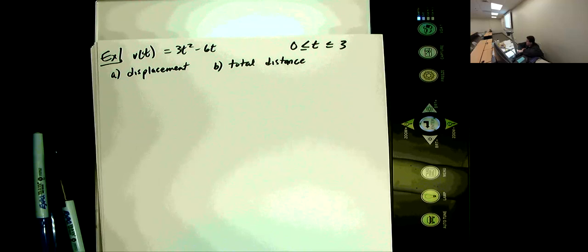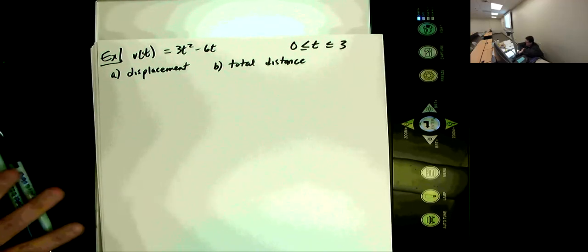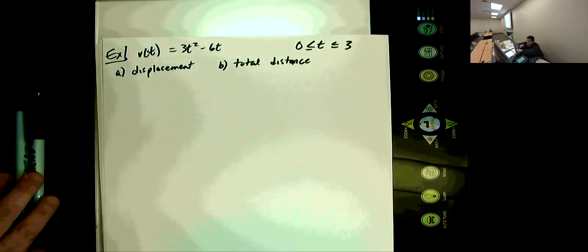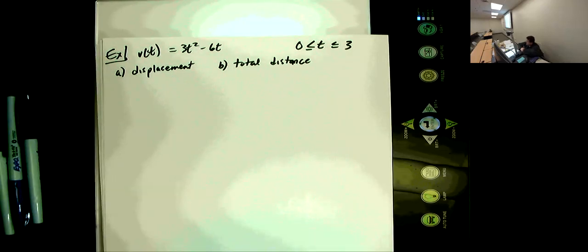A should be easy for you. Go ahead and give A a try. Remember, displacement is the integral of velocity, and you're doing it from 0 to 3.